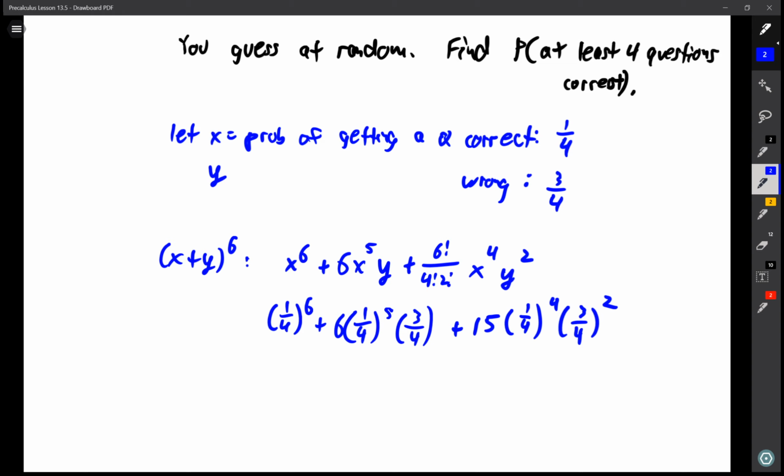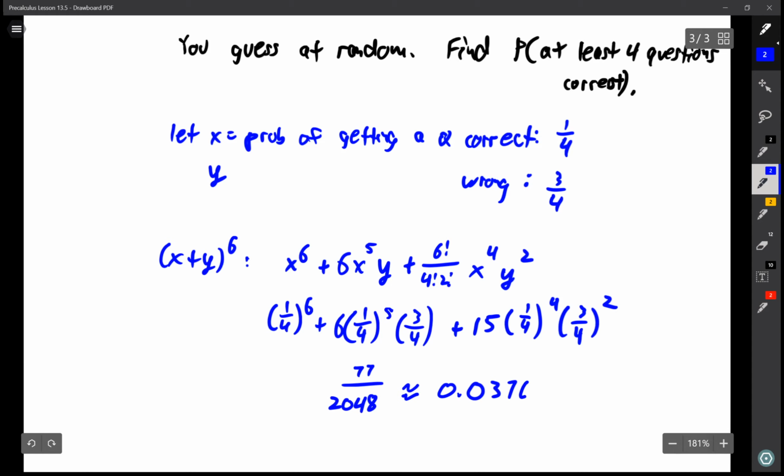And we get a total of 77 over 2048, which is approximately 0.0376, or we have a 3.76% chance.